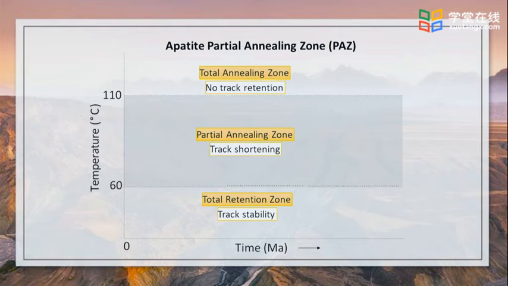It is well known that the mean of a distribution of induced tracks in apatite is 1 to 1.5 micrometers longer than spontaneous tracks measured from samples that are considered to have been at near surface temperatures since their formation. This suggests that annealing occurs at a near surface temperature over geological timescales.